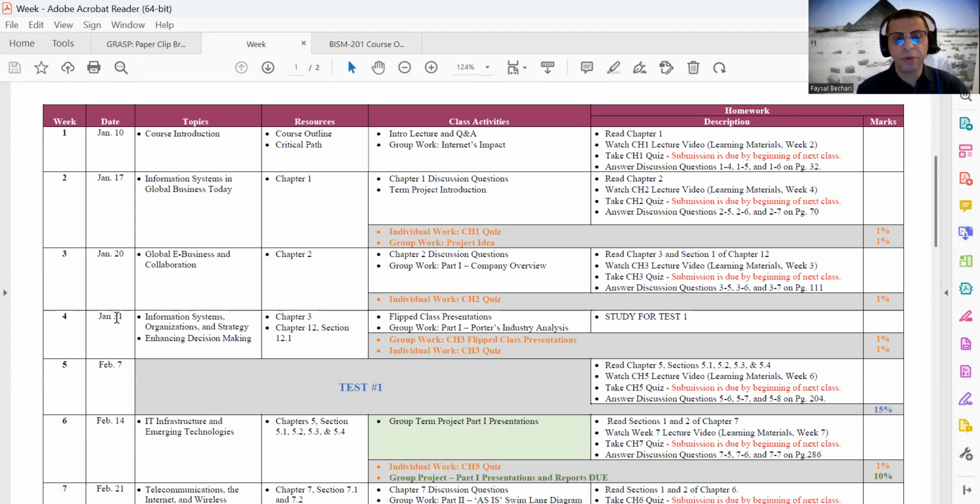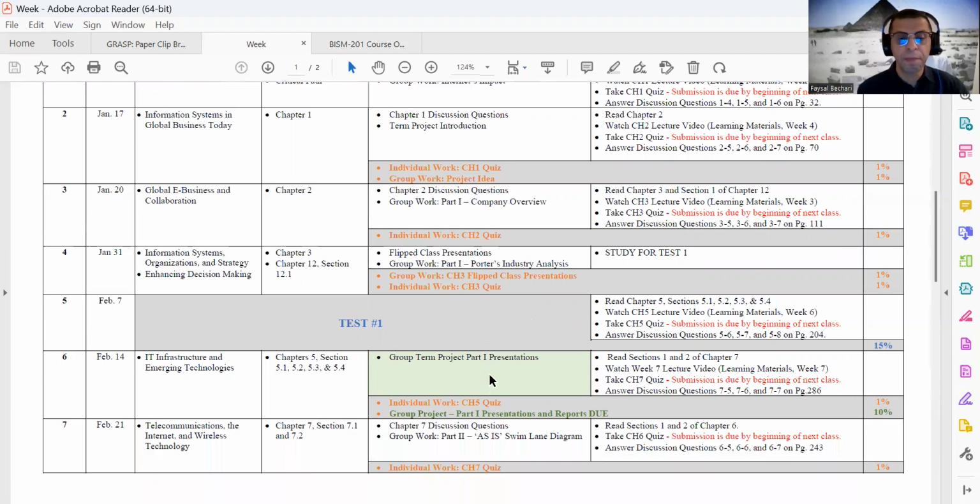On January 31st, I give you time to do some studying for Test 1, because in February you will have Test 1, which covers these chapters. On February 14th, we'll cover Chapter 5, IT infrastructure and emerging technologies.